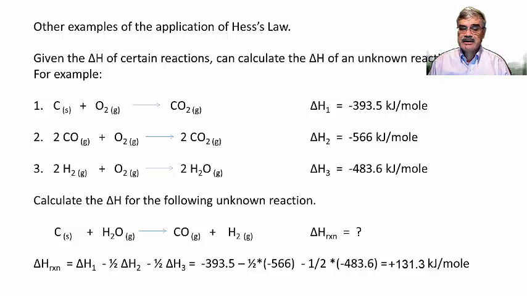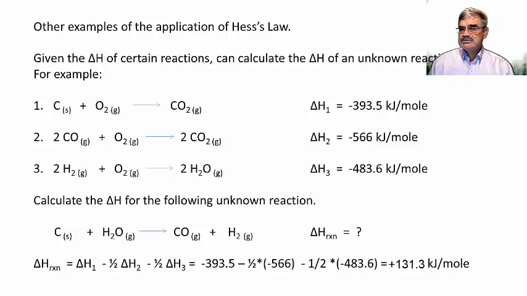What is the delta H for this reaction? Oh, how do I get this? Well, I'll tell you the answer and then we'll back up and show you how. This unknown reaction is actually the sum of the first reaction minus 1/2 the second reaction and minus 1/2 the third reaction.